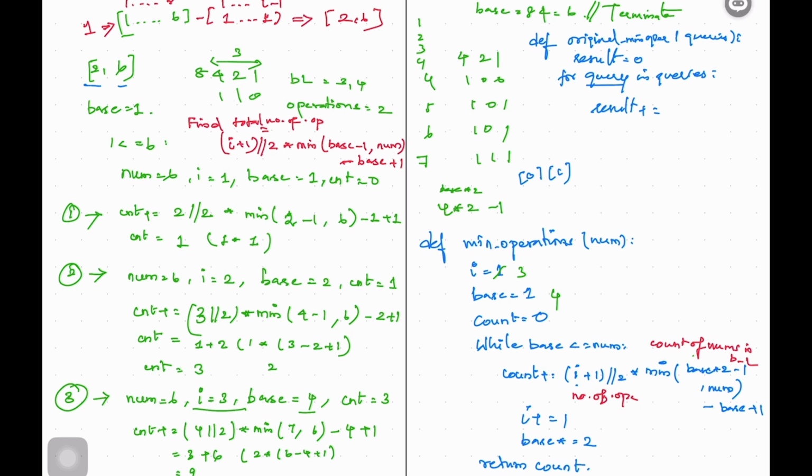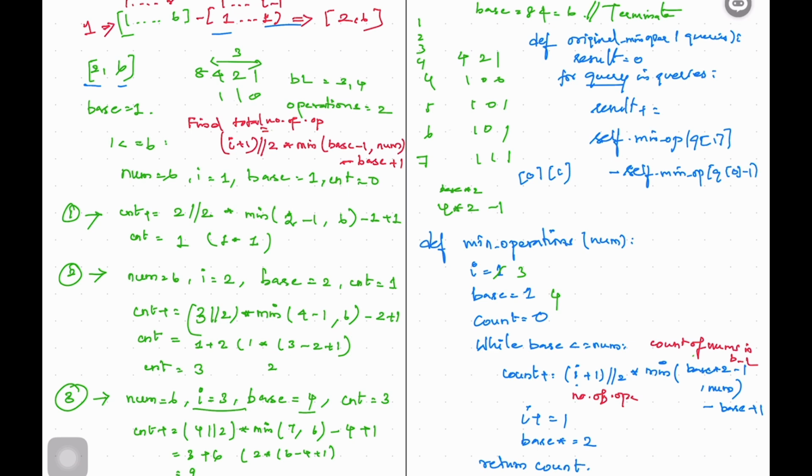We'll be passing first self.min_operations of r, which is query of 1, that we will be subtracting from self.min_operations of query of 0 minus 1, which is l minus 1.